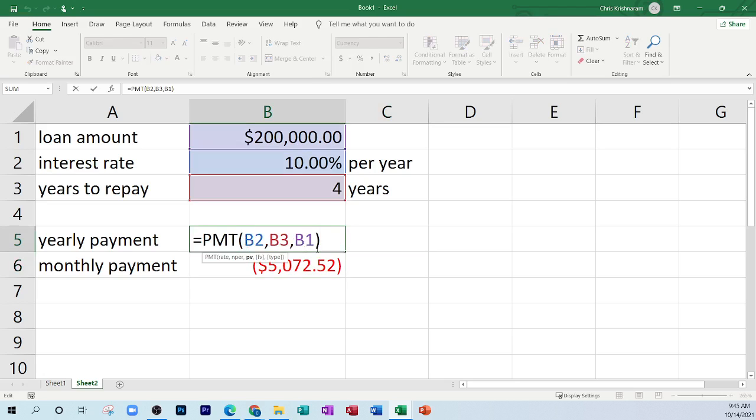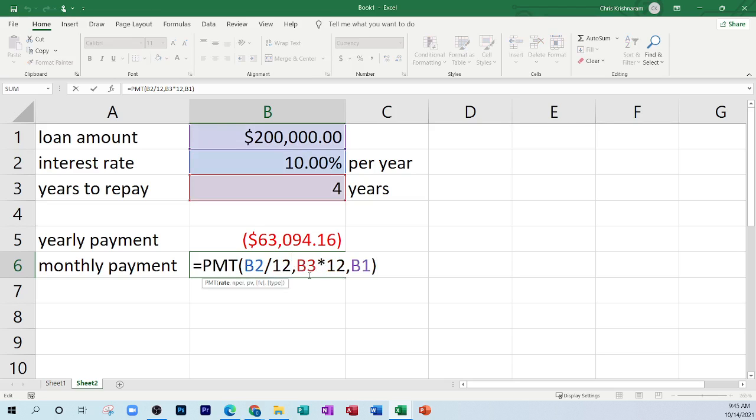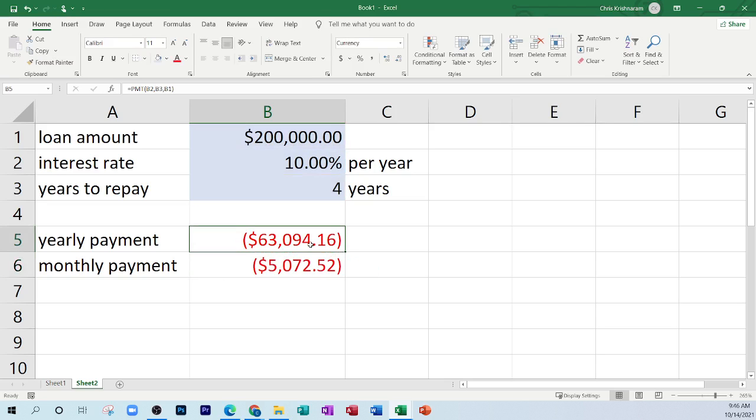So if you guys ever take a loan in the future, you could easily use PMT, or even if you know one of your family member has taken a loan, ask them what's the information, and you can show them how you can use Spreadsheet to do the calculations for them. How much they have to repay every month, how much they have to repay every year, and that can be beneficial to both of you.